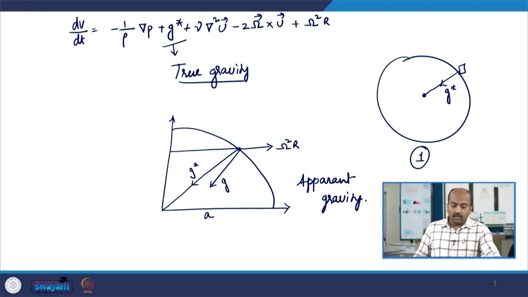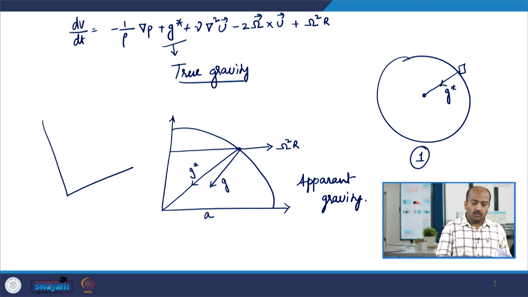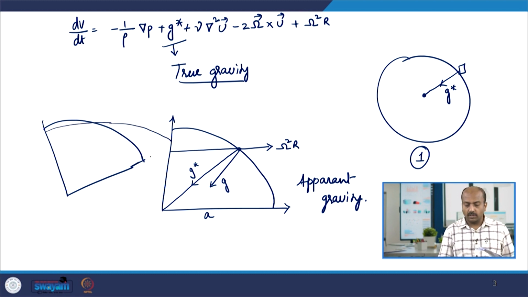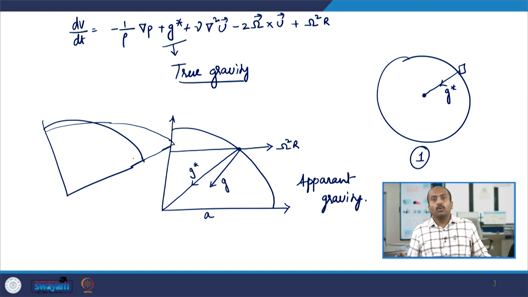A consequence of this force is that ideally you would expect the earth to be a perfect sphere like this, but over a period of time the earth became something like this. So, there is a difference between the equatorial radius and the polar radius.